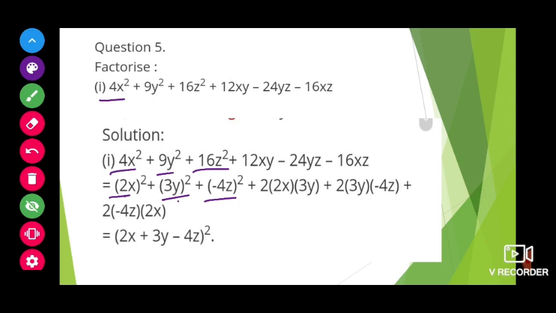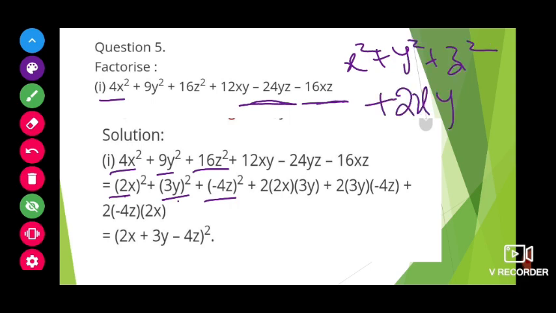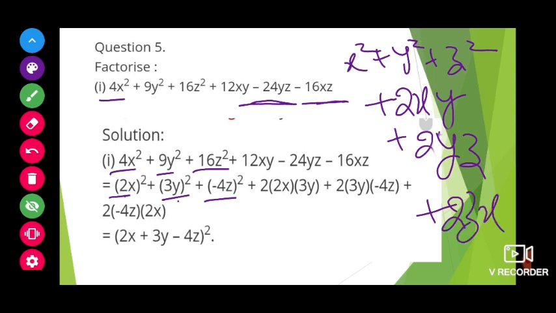Why I took minus here means, for the z terms, like in the formula x² + y² + z² + 2xy + 2yz + 2zx, if you observe here, wherever the z term is there, in that last 2 terms, for z the minus is there.